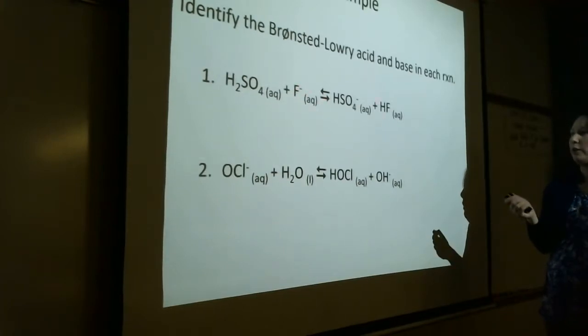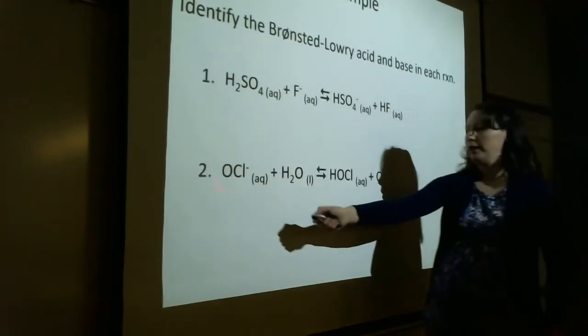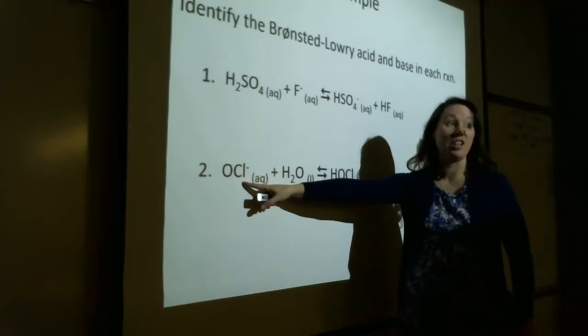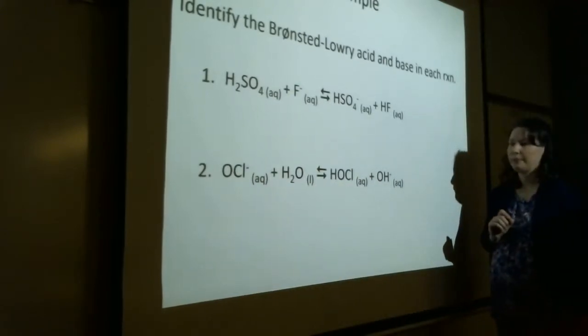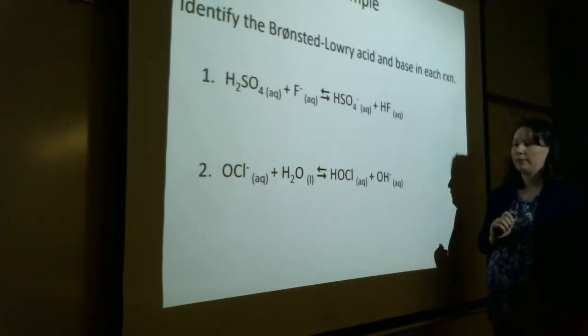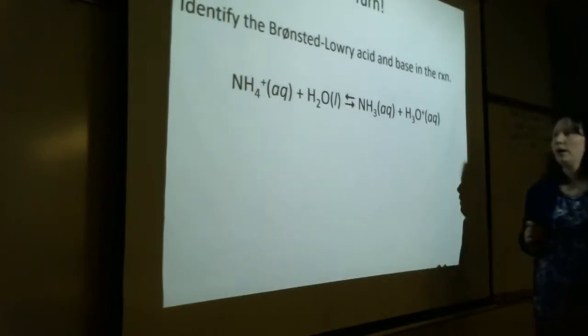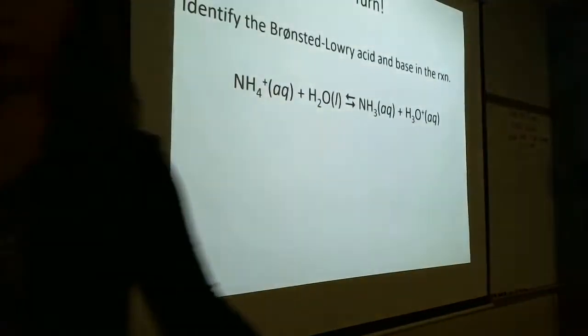Because to go from here to here, you got to accept. And then to go from here, that's the same thing as ClO minus, by the way. Is that a donor or an acceptor? It's accepting, right? So what does that make it? And what does that make water here? Acid, good. All right, I'll pause it and give you a second to try this one on your own.